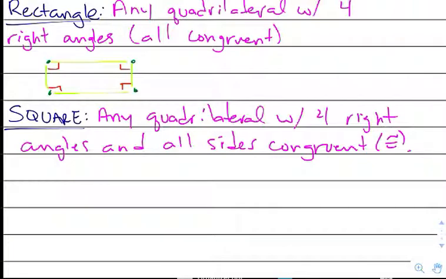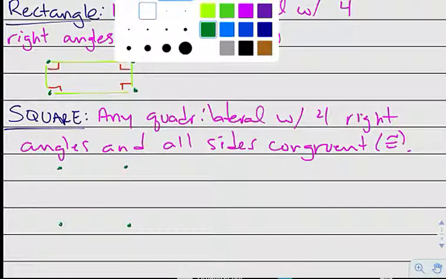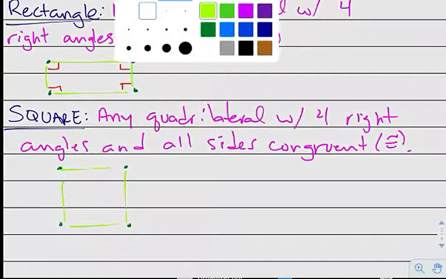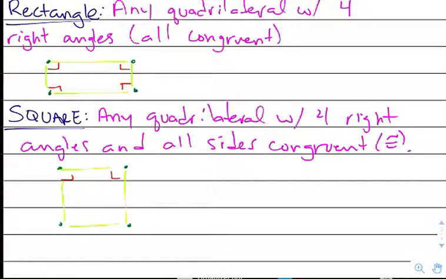In terms of a picture of a square, you know what this is going to look like, guys. You've drawn squares your whole life. We want a 4-sided object with 4 congruent side lengths and 4 90-degree angles. Boom, boom, boom, boom. 1, 2, 3, 4.